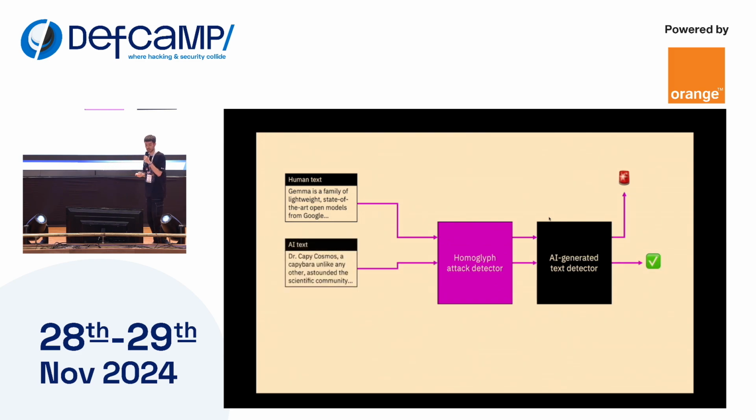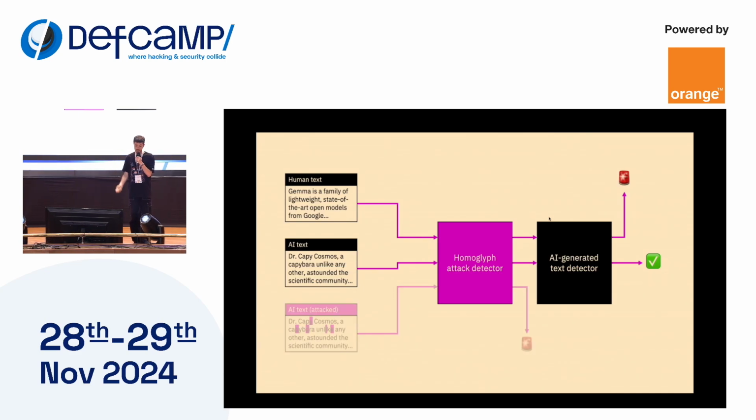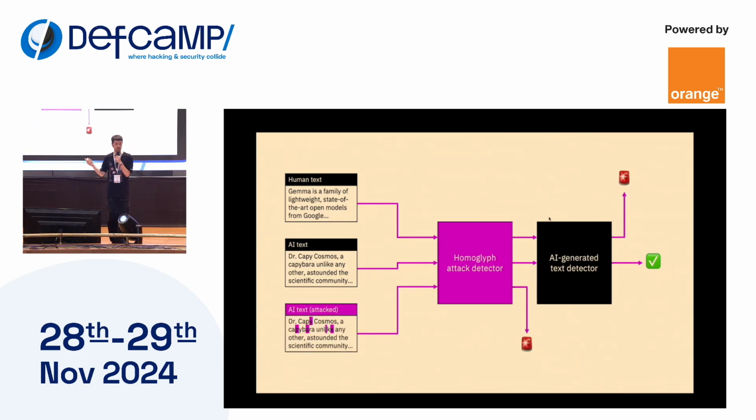If it's an AI text, the alarm should go off, it's AI. But if it's a homoglyph-attacked text, I raise an alarm before even going to the detector, because I know it's going to fail for sure. Very good. Now the problem is that it doesn't really work in the general case.